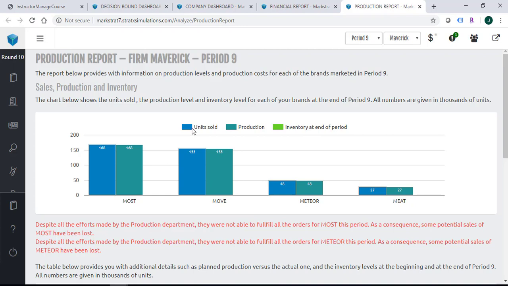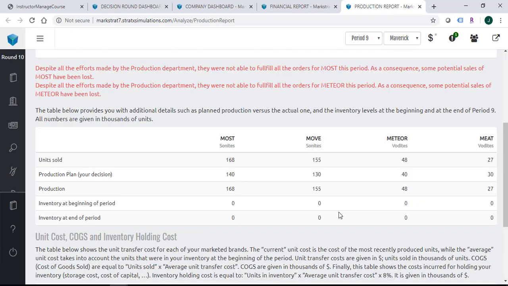Blue is units sold, green blue is production, and gray is inventory at the end of the period. You can see for this company, it seems they don't have any inventory at the end of the period. The next table provides additional information about planned production versus the actual one, and the inventory level at the beginning and at the end of this period.